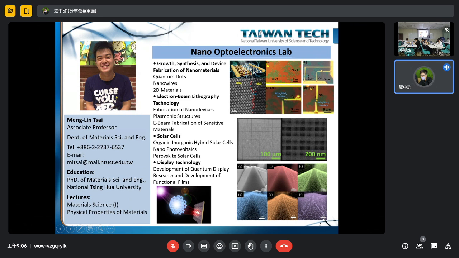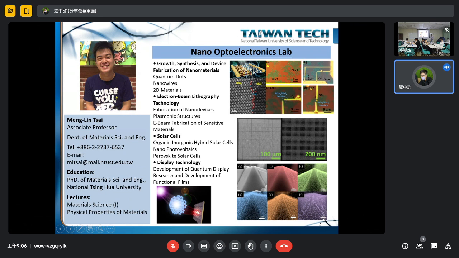I also try to grow some 2D materials. The most famous one, I think, is graphene, right? You use Scotch tape to exfoliate graphene from graphite to make an atomically thin layer.